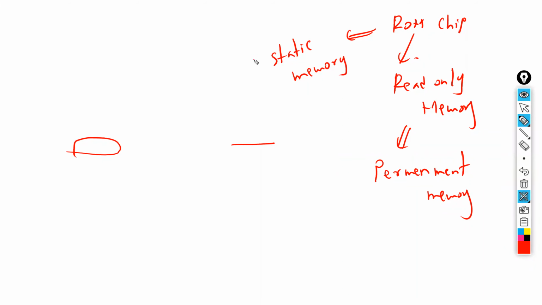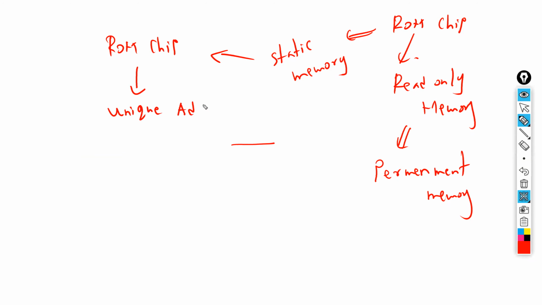And this ROM chip has a unique address. This unique address has 48 bits.